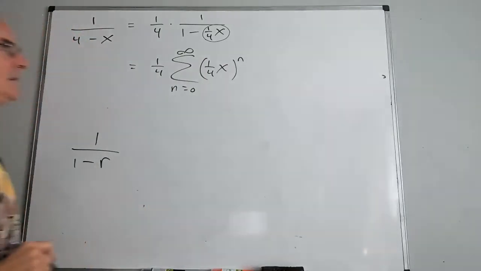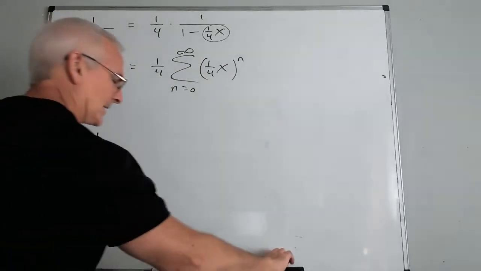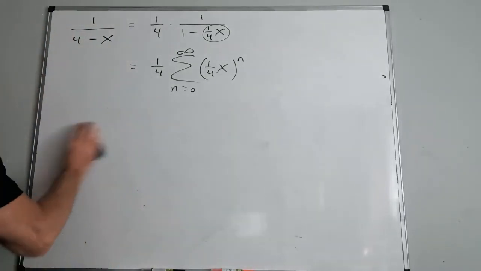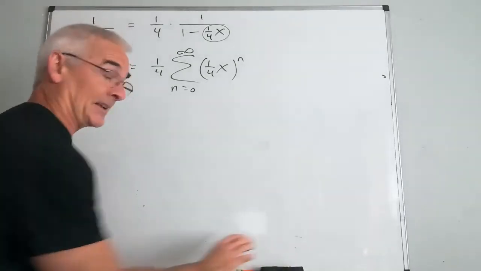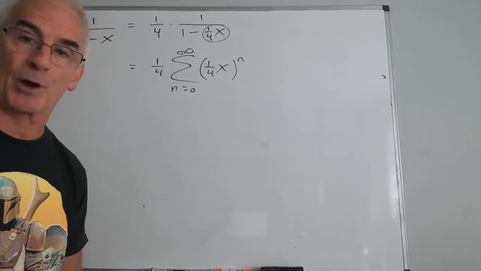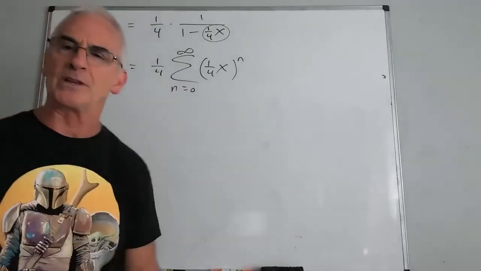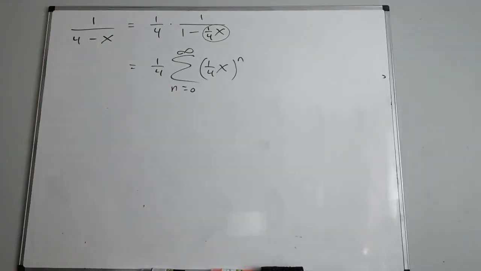Now, are we done? Can we walk away yet? Don't we have to still make the disclaimer? Well, yes, that will be the last step of every problem. But I'm talking about for this power series. Are we done, or is there more we can do?